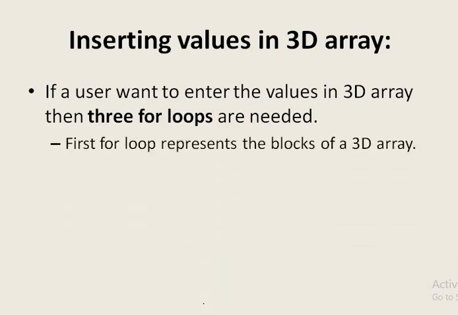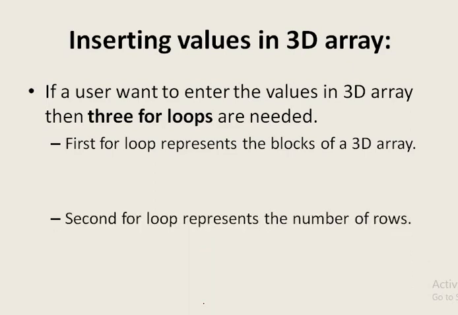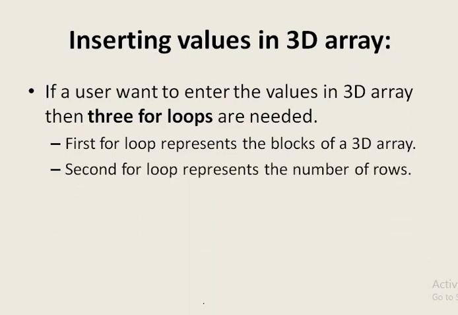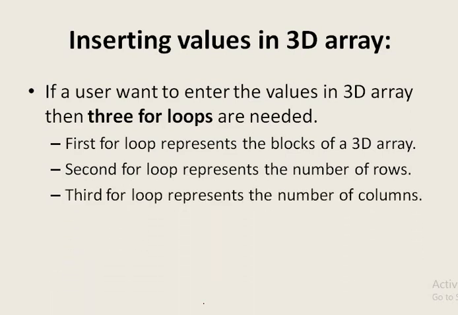The first loop represents the blocks in a three-dimensional array. The second loop specifies the number of rows, and the third loop represents the number of columns. So let us see how the program can be defined. The first step is to declare the variables needed for insertion and assigning values.